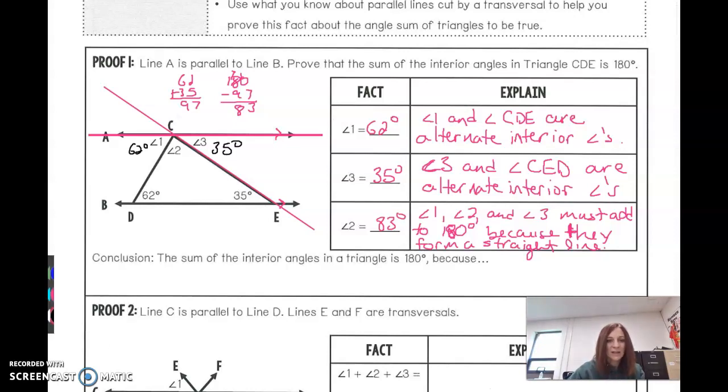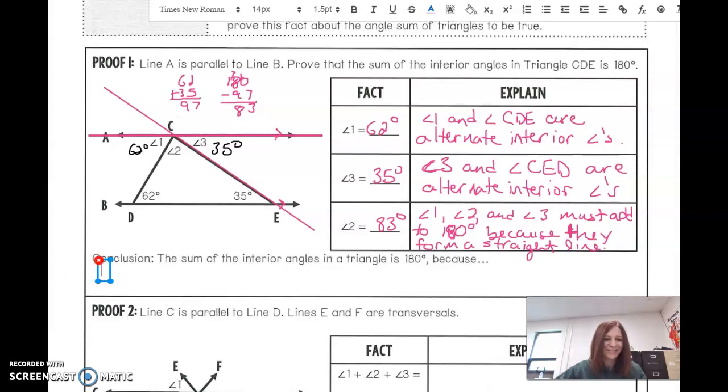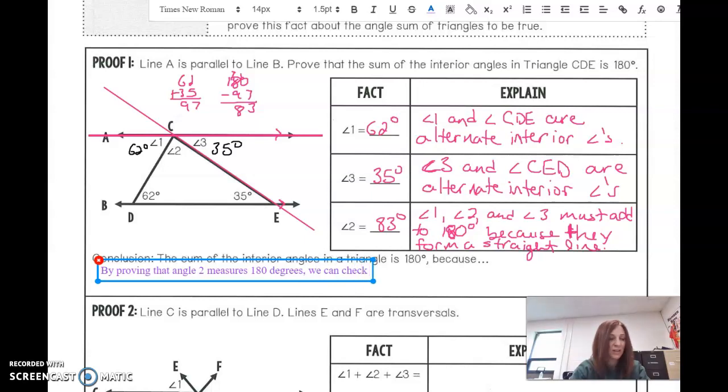So the sum of interior angles in a triangle is 180 degrees because, by proving that angle 2 measures 83 degrees, we can check the total sum of the angles in a triangle.